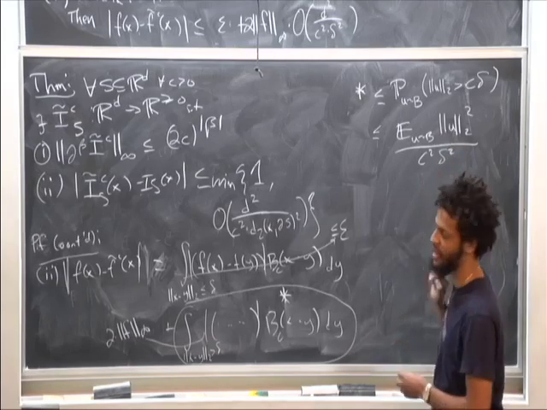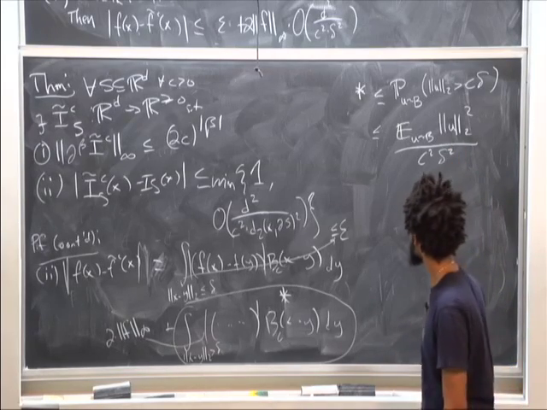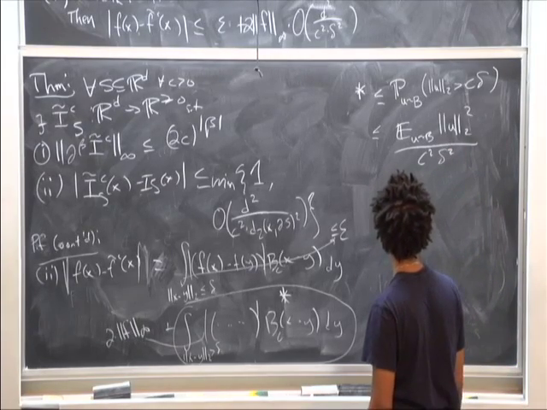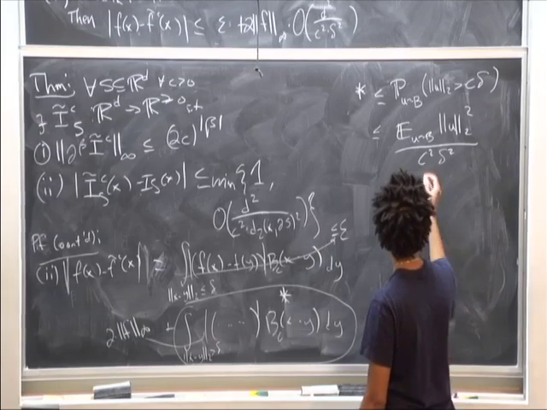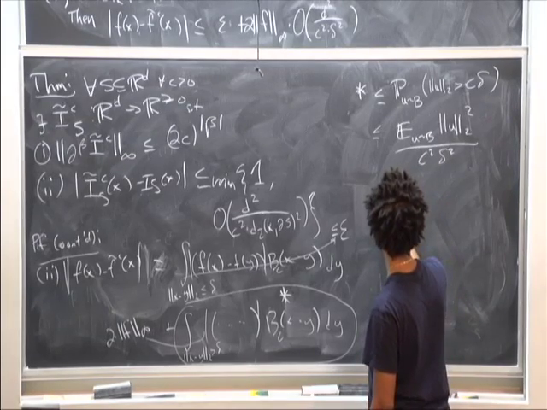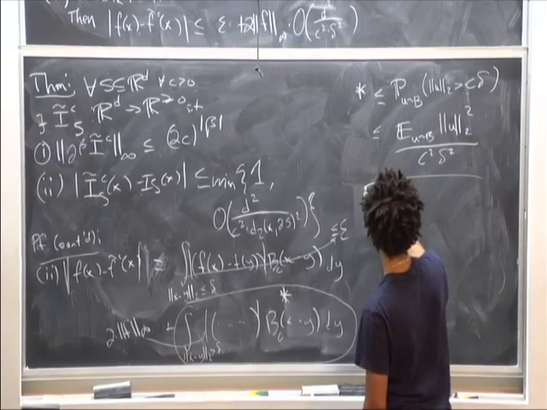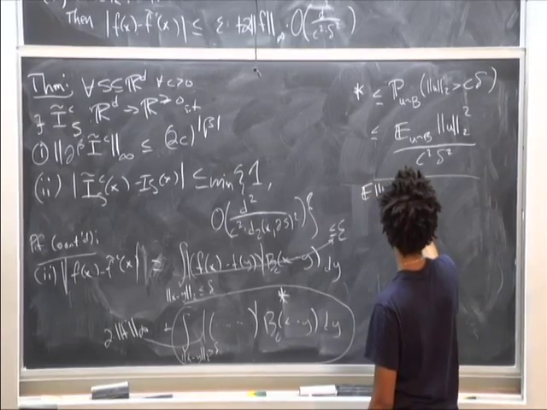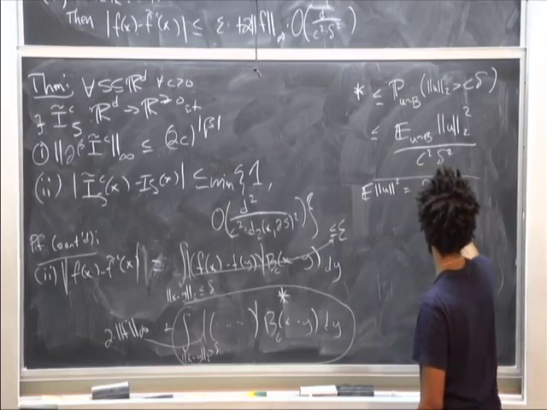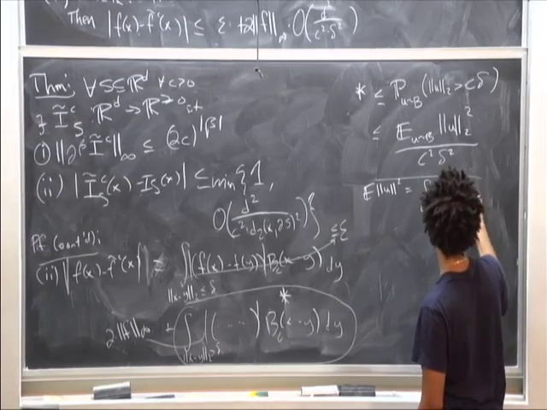So now I just need to show you that that thing is O of d squared. So if you look at what is the expectation of the norm of u squared, the expectation of the norm of u squared is equal to the integral of the norm of u squared B of u du.